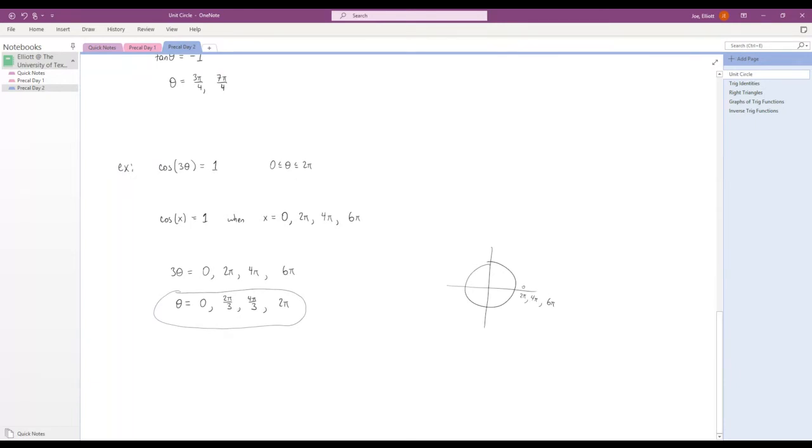So you want to keep going in order to find more possible values of θ. Basically, you want to go around the circle 3 times altogether because of the θ being multiplied by 3. And then that will ensure that you get all the values of θ in one interval of 2π, okay?